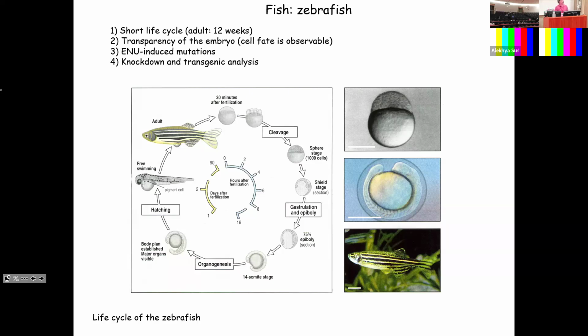You can purchase the library, and then you put one embryo or a few embryos per well. So you have a battery of embryos, which, by the way, is transparent and easy to observe.